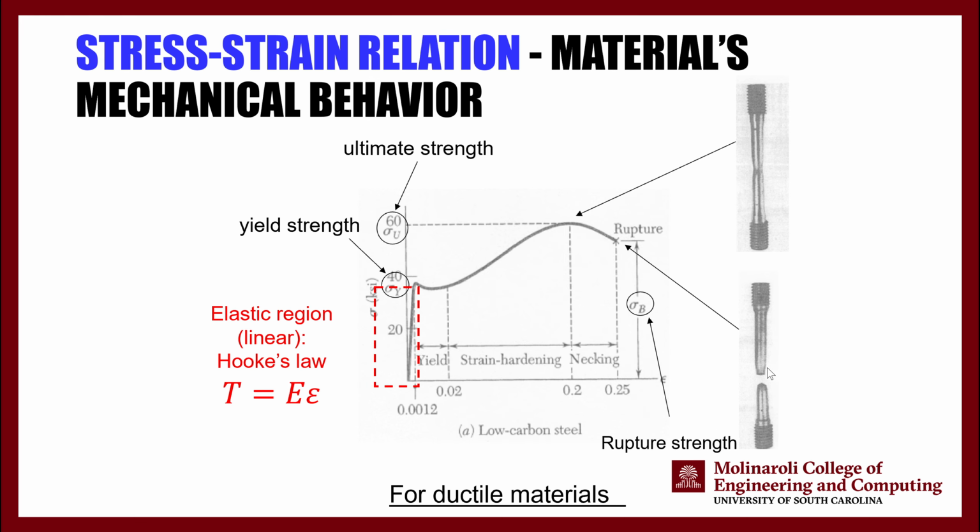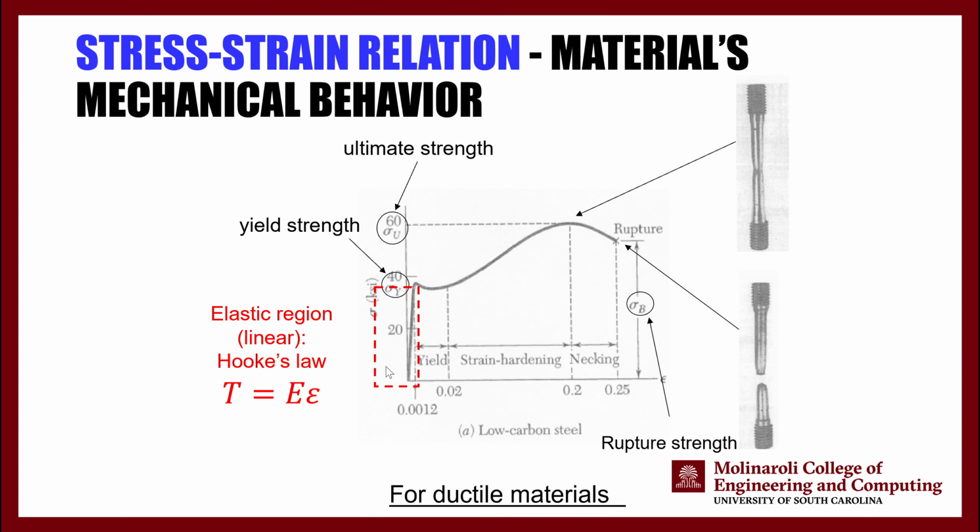This is an example of a tensile test. We are applying a tensile force to this sample, and after some point, it will break. Throughout the process, we can calculate the strain, and we can measure the stress. If you graph it, they are going to have this sort of relationship.